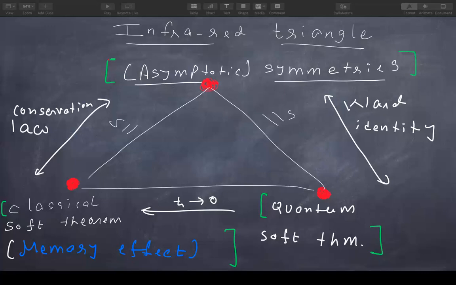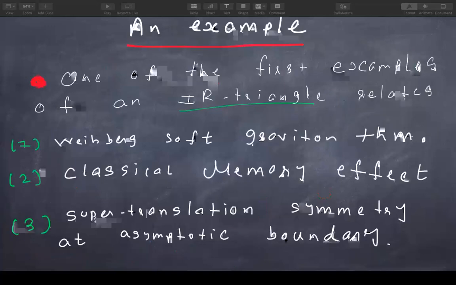So this is the general idea of the infrared triangle, and the reason Pasterski and Strominger thought of this is because there was an example already in the literature which has been known for the last 8 years, and this is the first example that is known, which relates three things. One is what is called the Weinberg soft graviton theorem, which is a constraint on the scattering amplitude on the quantum amplitude side.